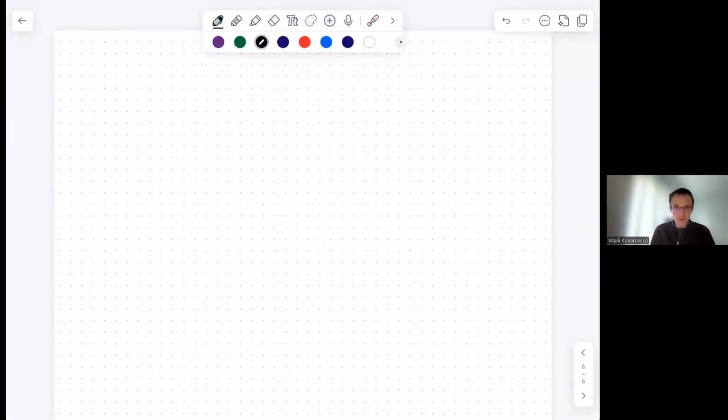Now we want to prove that statement. And here we have to prove both directions. Assume that f is lower semi-continuous.